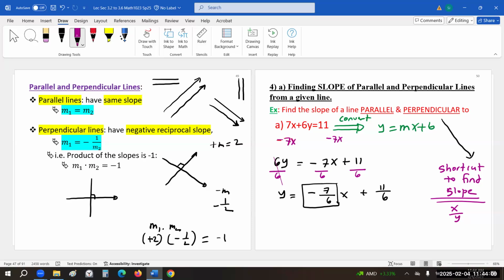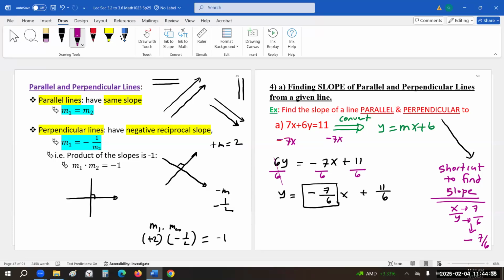So our x coefficient is 7, y coefficient is 6, right? So we have 7 over 6, but then you have to change the sign into negative 7 over 6. That's the shortcut. Mentally, you're going to do this: 7 divided by 6, and then change the sign. Why change the sign?